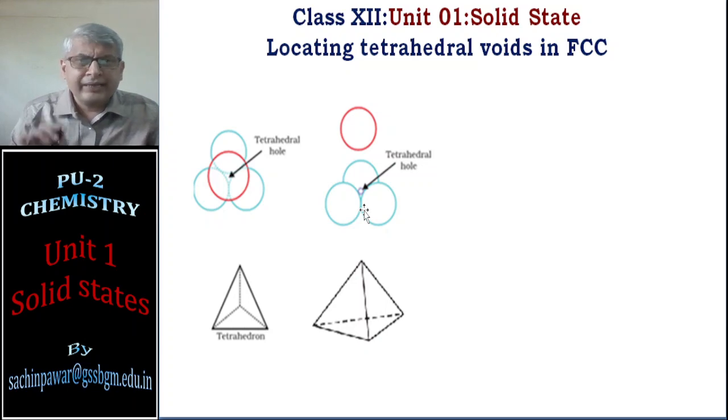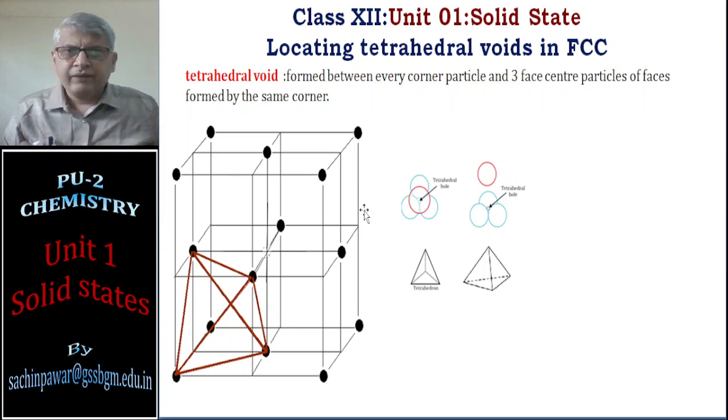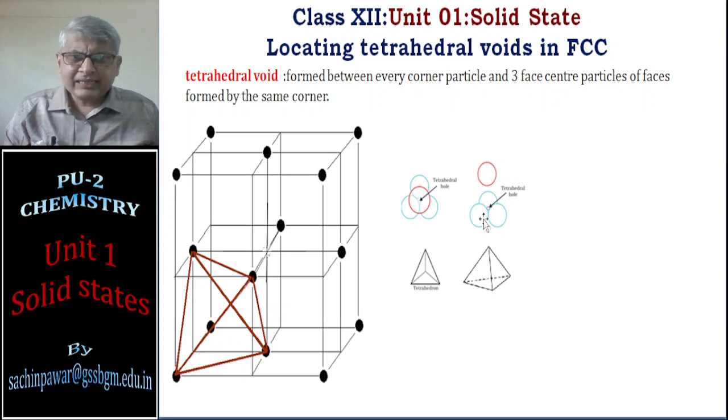Now while locating the tetrahedral voids in FCC, we require 3 particles forming a triangle and 1 particle sitting on it. If you concentrate on the unit cell of FCC, you will find such a thing present inside the part of the corner.